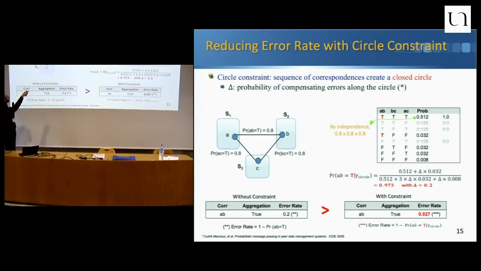We first try to estimate this probability, and then with the help of this information, we can reduce the estimated error rate in the aggregation. The estimated error rate is the number which determines how many questions we ask people. So if we reduce this number, then we normally ask a smaller number of questions for the same correspondence.